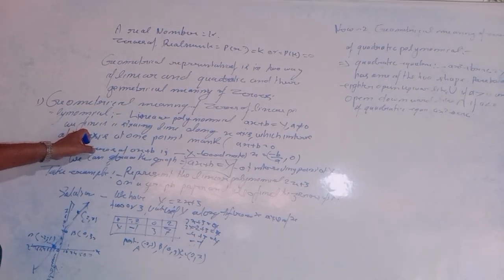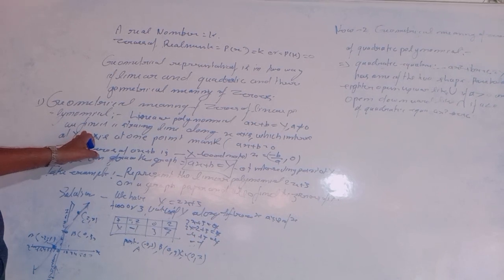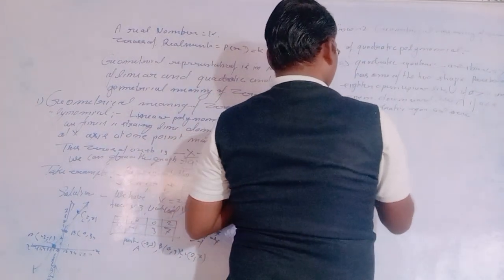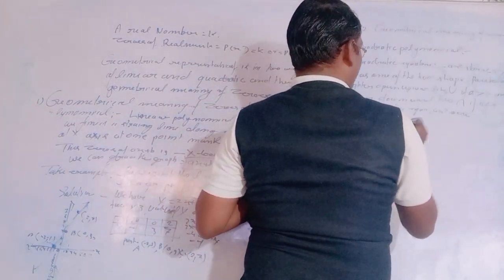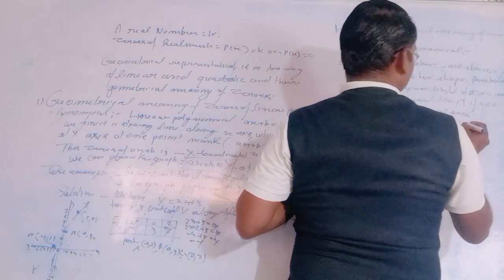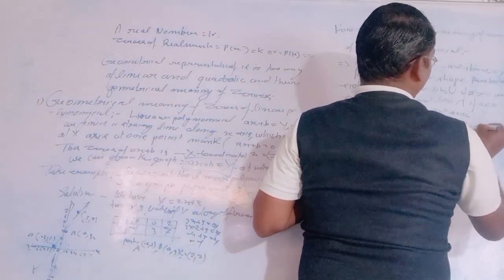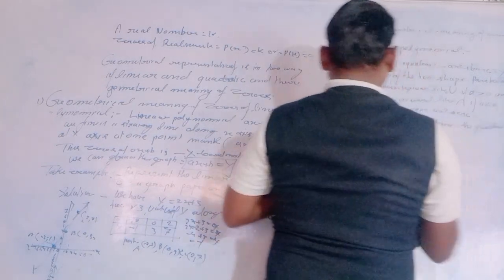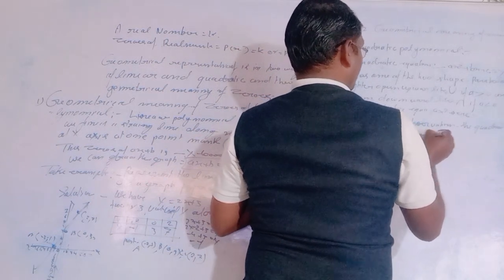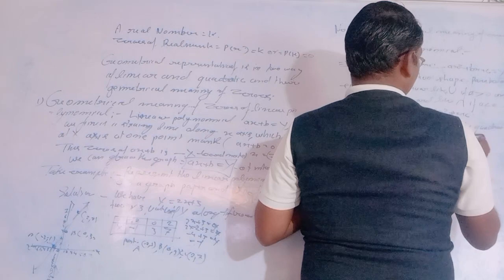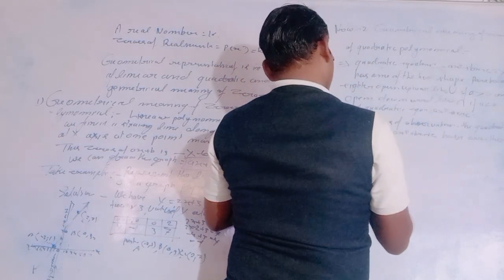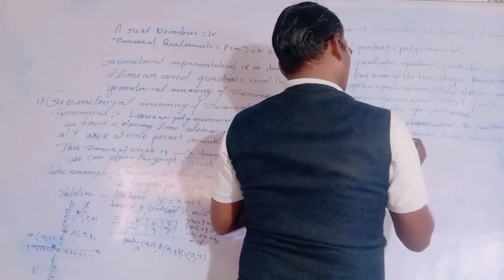Now, from observation of the shapes of the graphs, the following three cases arise. On the basis of observation, for the quadratic equation ax square plus bx plus c, three cases arise to form a graph.